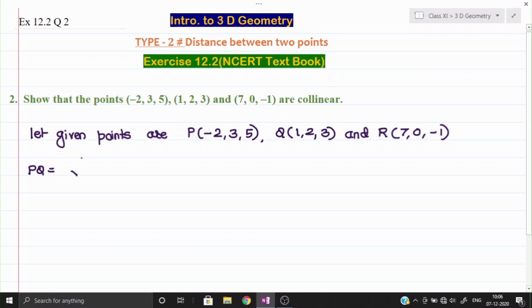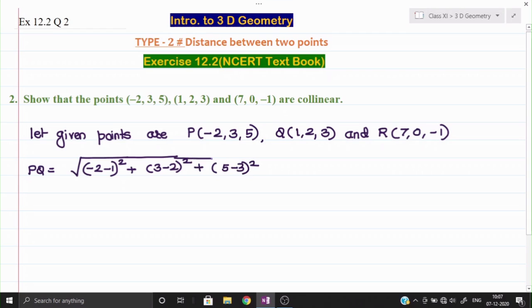PQ is equal to under root of, since you are habitual with the distance formula, I am doing it a little directly: minus 2 minus 1 whole power 2, then 3 minus 2 whole power 2, and plus 5 minus 3 whole power 2.